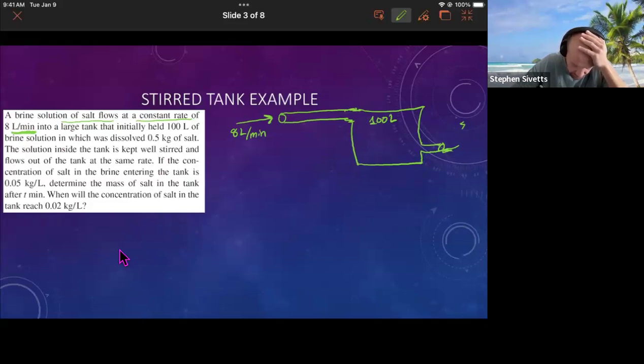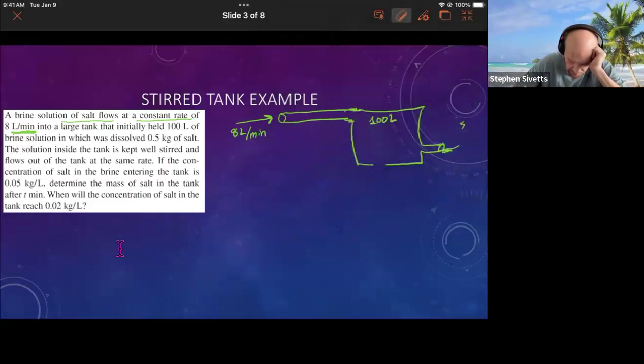And the solute, which is the salt in this case, oh, that's the initial amount of salt.